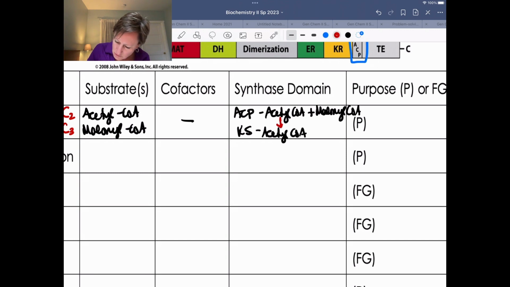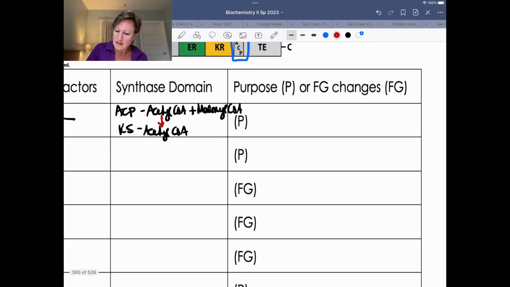Even though, and you'll see this when we watch the video, everybody starts out being put on the acyl carrier protein, and then we're going to put you on the Ks domain. When you're ready to be doing condensation, you're going to be on that Ks domain because that's where chemistry happens. So again, the purpose of what's happening here, we are basically loading our building blocks.